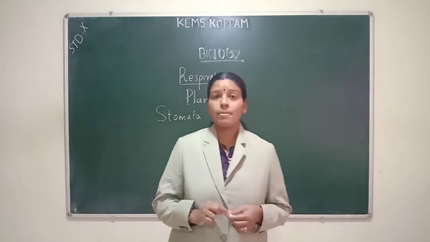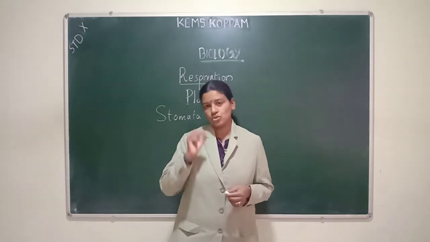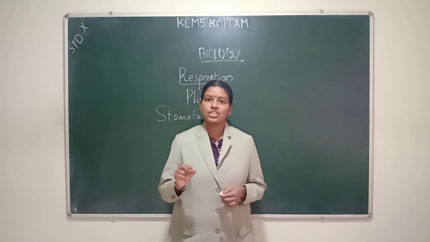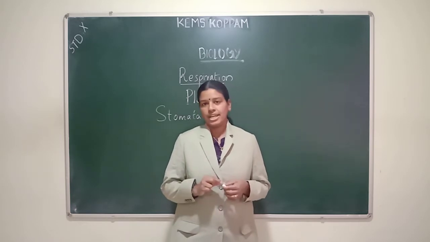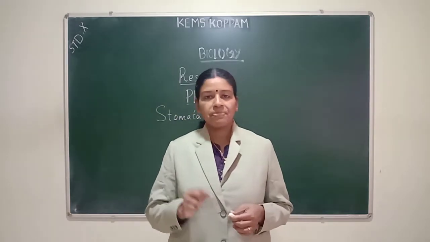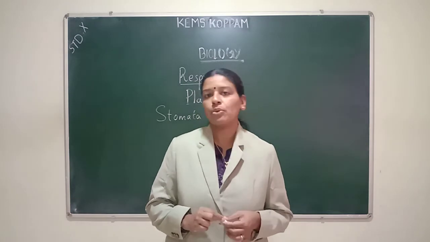So, what is stomata? They are minute pores, tiny pores present on the surface of the leaf. In the case of herbs and shrubs, these are found on the green stem portion also.